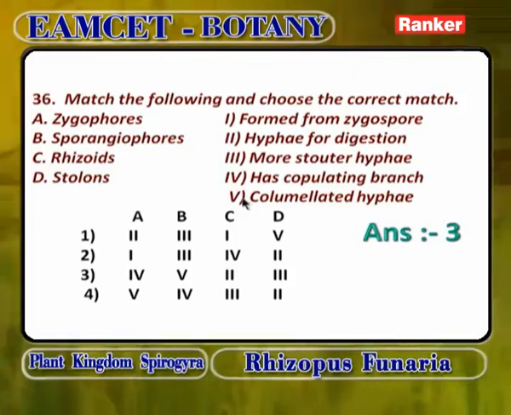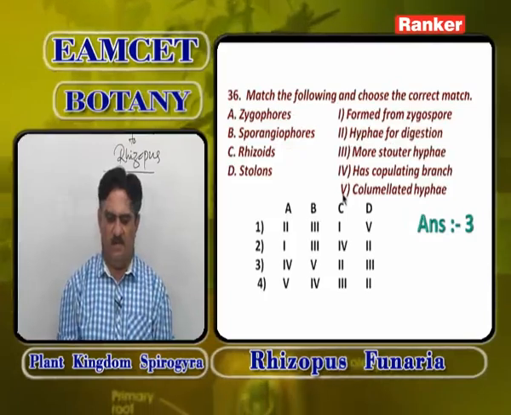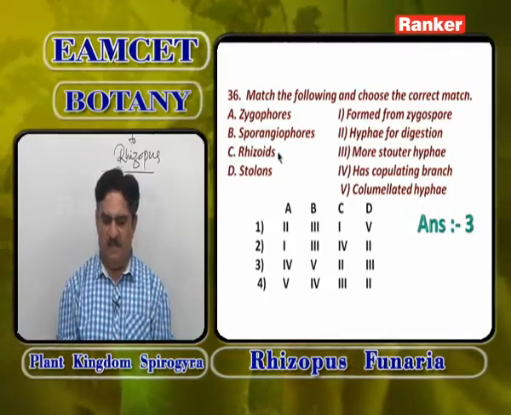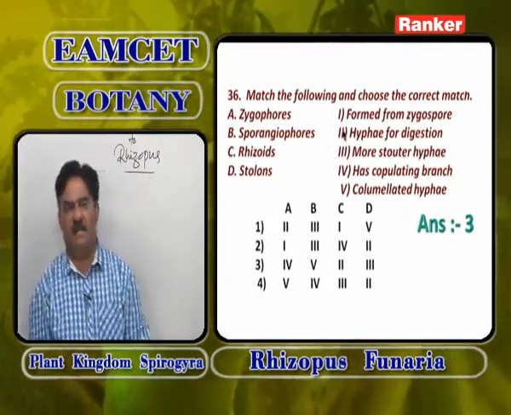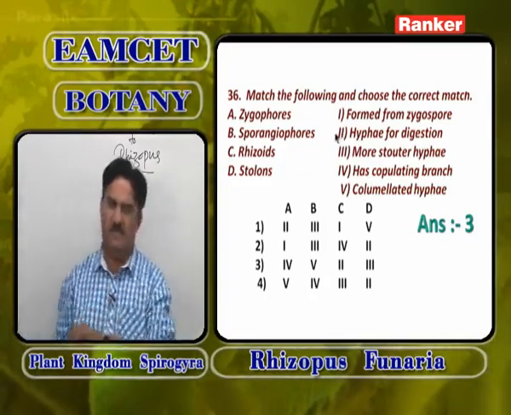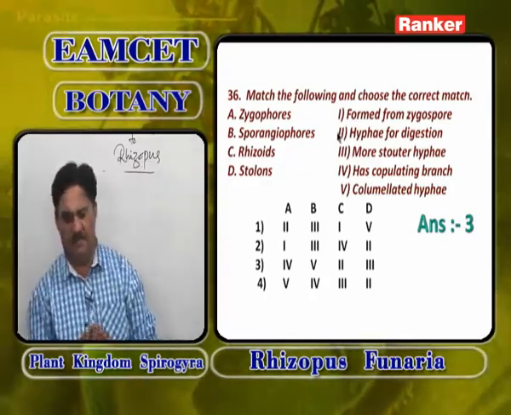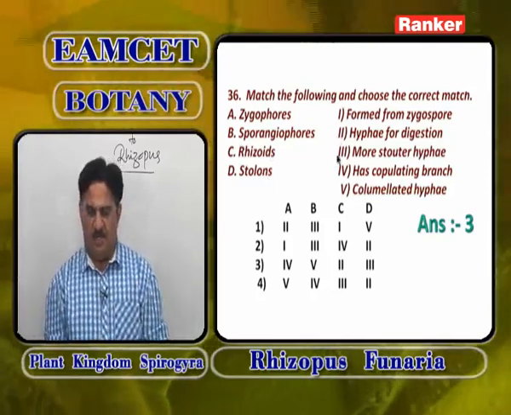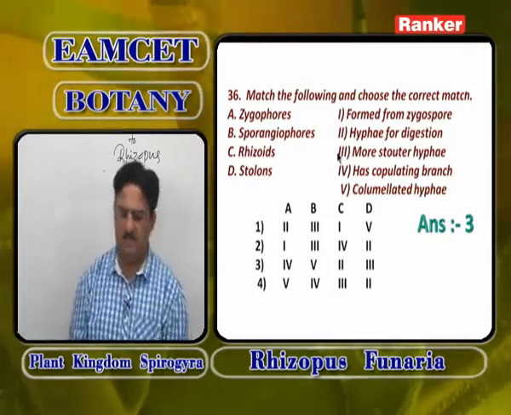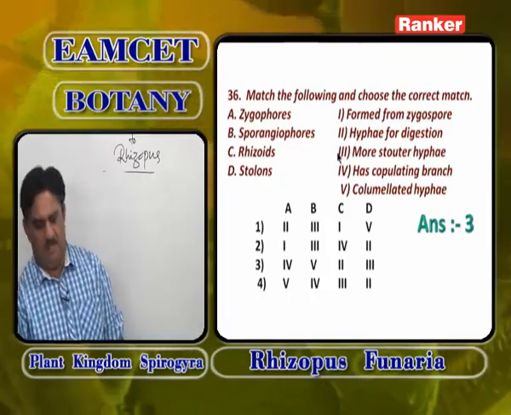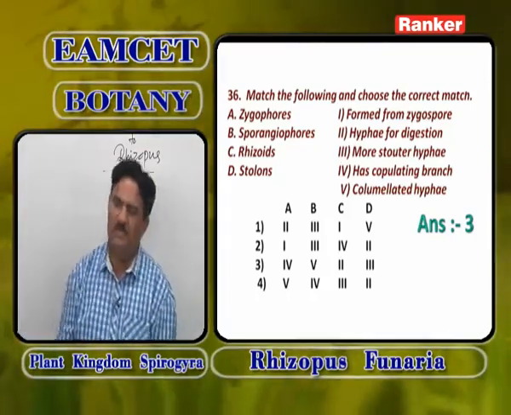That means sporangiophore definitely contains columella. Zygosporangium does not contain columella. Rhizoids are hyphae for digestion. They secrete exoenzymes which act on the medium and convert it into food material. Stolons are more stouter hyphae. So A4, B5, C2, D3.